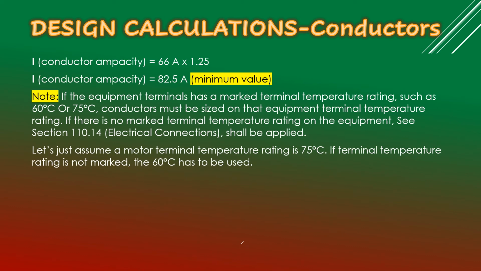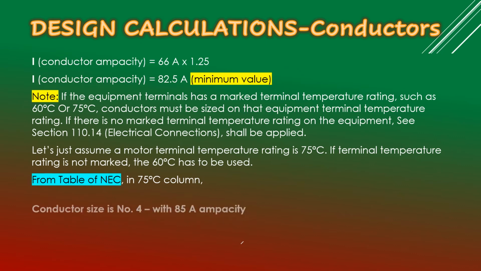Now let's just assume that a motor terminal temperature rating is 75 degrees centigrade. If terminal temperature rating is not marked, so if there is no marking, we have to use 60 degrees centigrade. So from the table, when you see in the 75 degree column, which I also showed in my first video lecture episode, where I showed how to use this table, you can get back to that video episode.